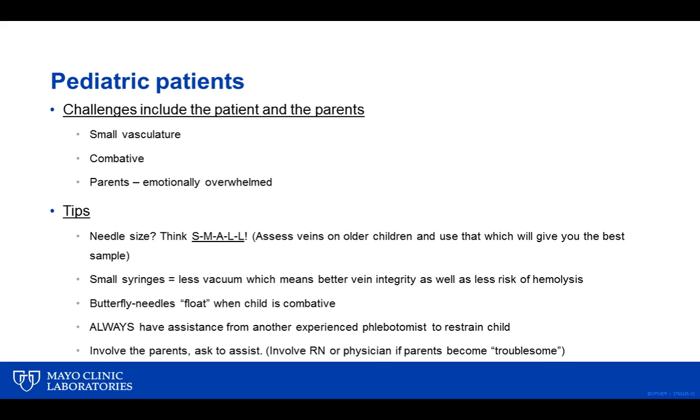Butterfly needles, I think, are wonderful with children, especially children that are squirming, maybe a bit combative. As you know, you can put that butterfly in that vein and it will float around. It will take quite a bit of jerking and combative moves from the child and still stay in the vein.